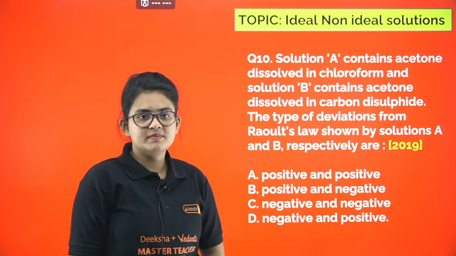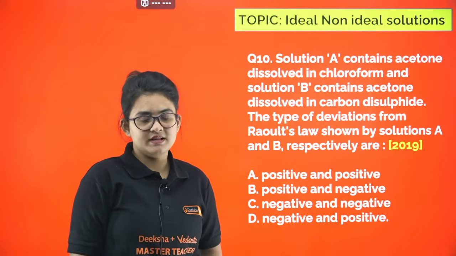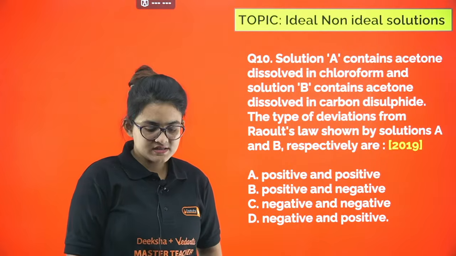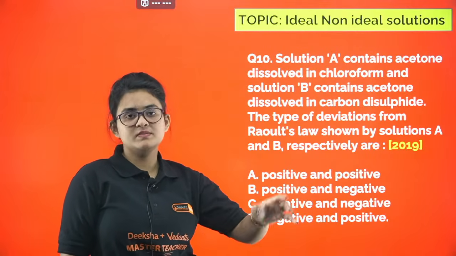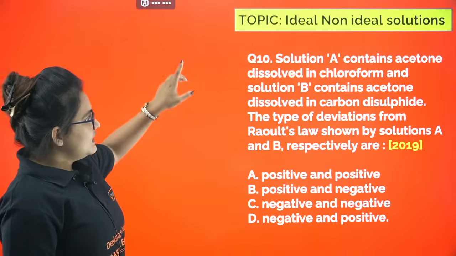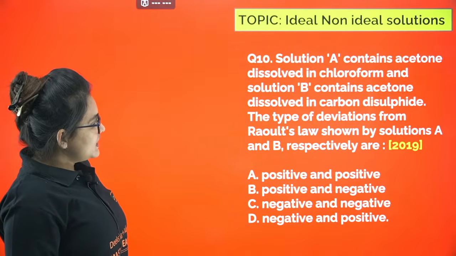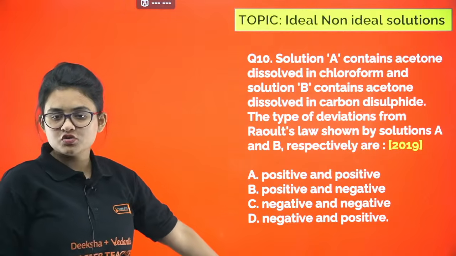Chloroform and acetone can form hydrogen bonding as well, right? As a result, AB interaction will be more than that of AA and BB interaction. So as AB interaction is more, you can tell that negative deviation will be shown here.